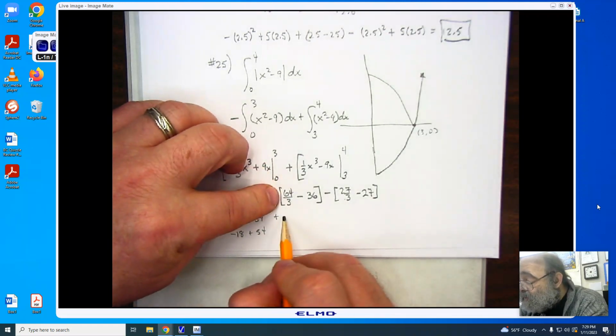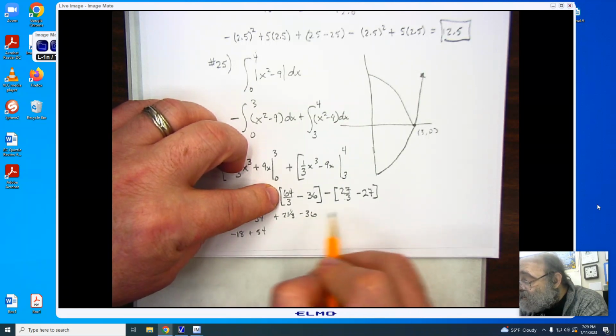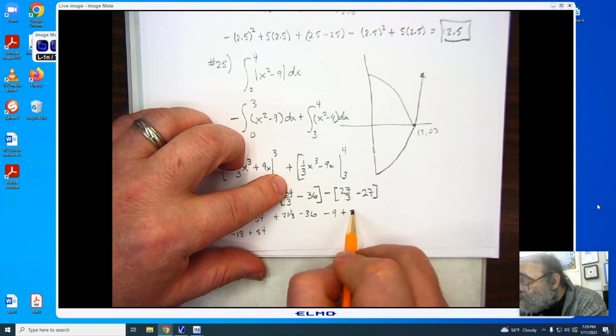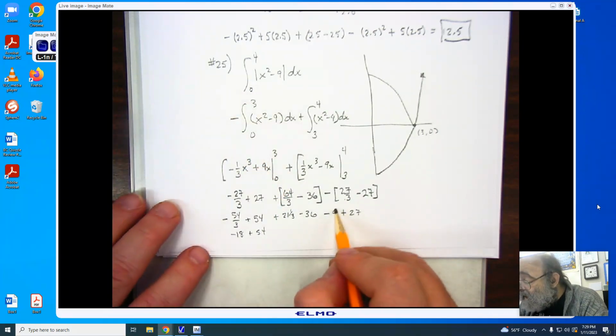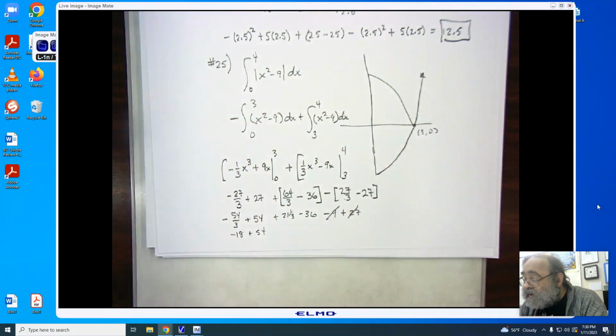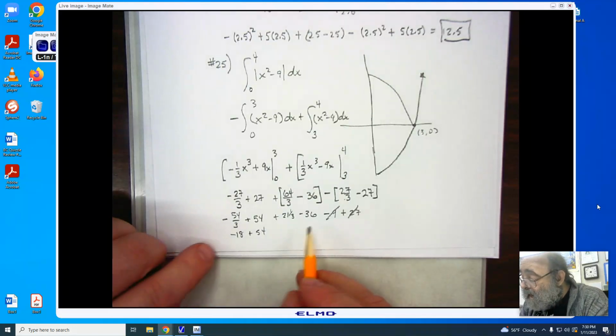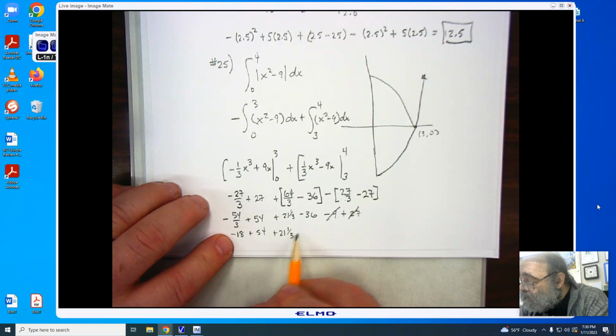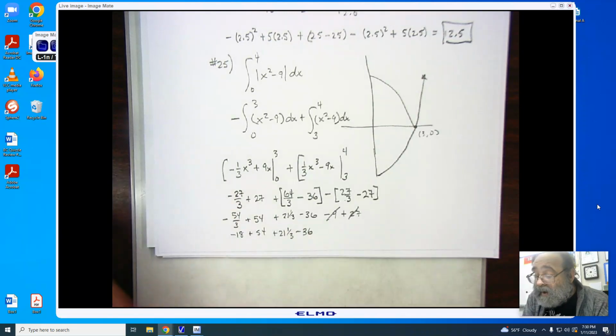This one is going to give me 21 1/3 minus 36 minus 9 plus 27. And that's where that 54. So let's get rid of those so we don't add them twice. We're now going to be adding everything together in order to find our area.